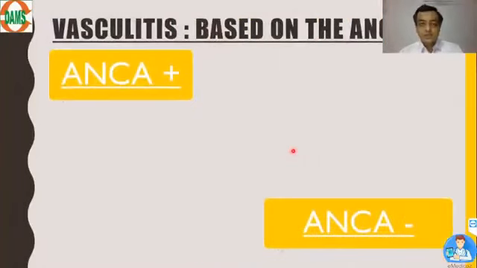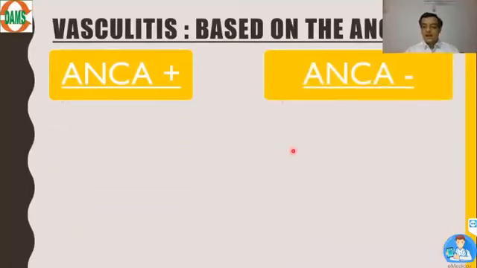So the small vessel vasculitis are broadly divided into two: those which are ANCA positive and those which are ANCA negative.